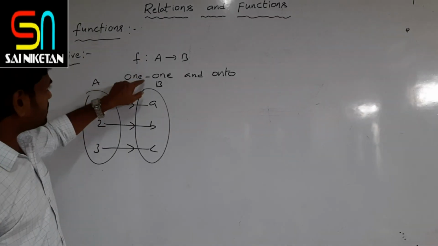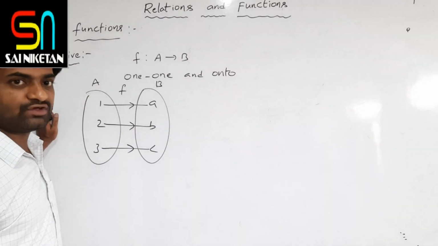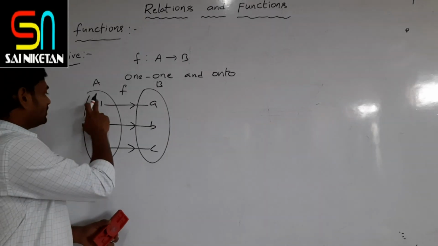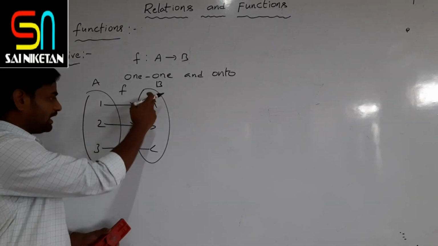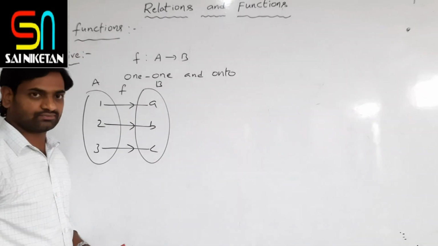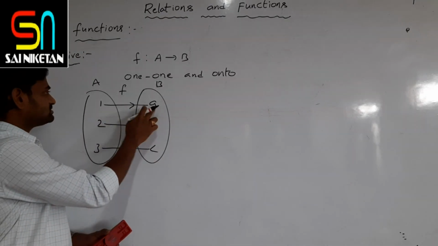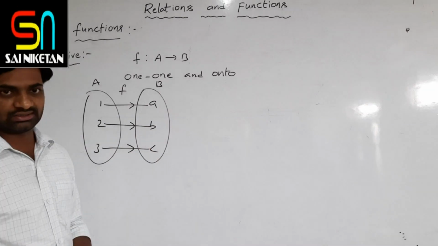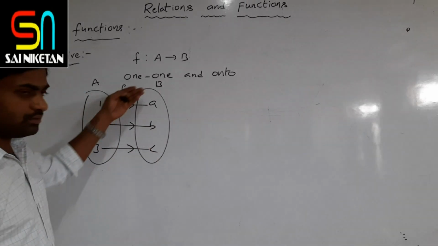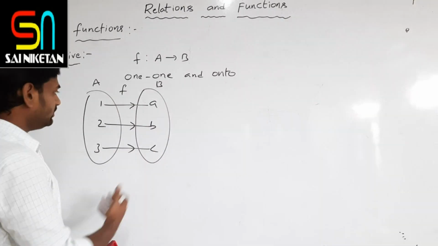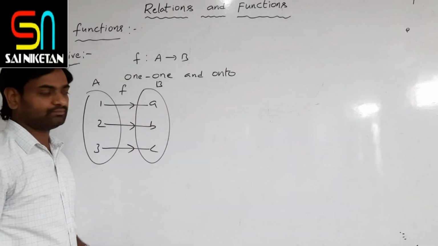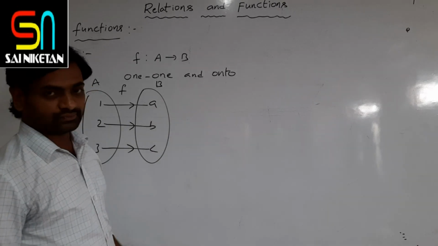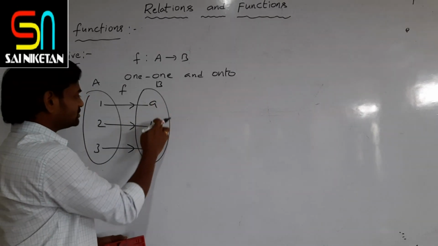First I am checking one-one. What is the definition of one-one? Different elements should have different images. So the image of 1 is a, the image of 2 is b, the image of 3 is c. So different elements have different images. That's why it is one-one. Now what about onto? Is it onto or not? Check this one.